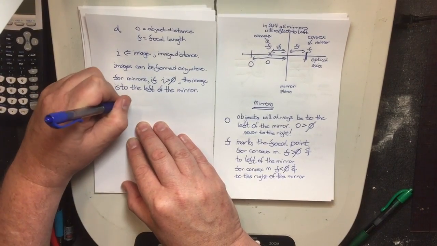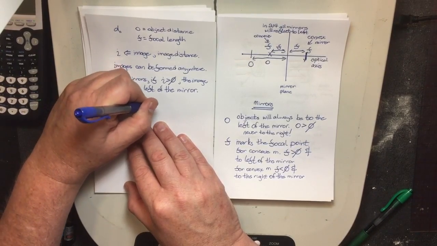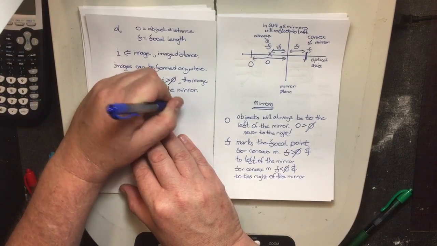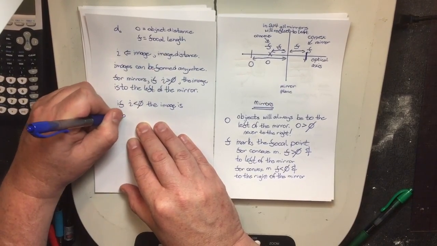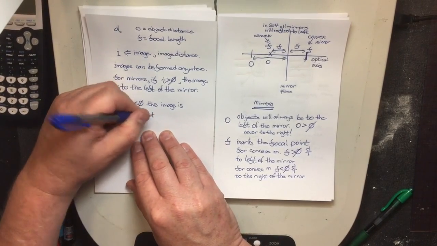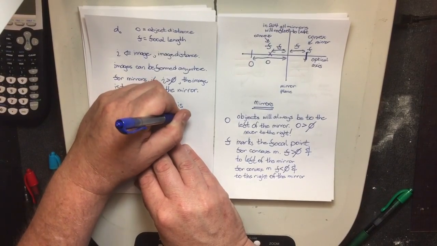If I is less than 0, the image is to the right of the mirror.